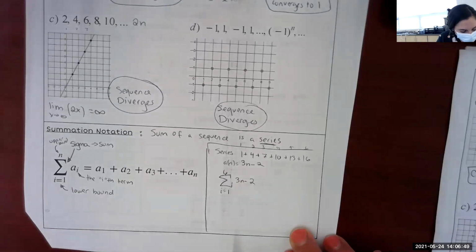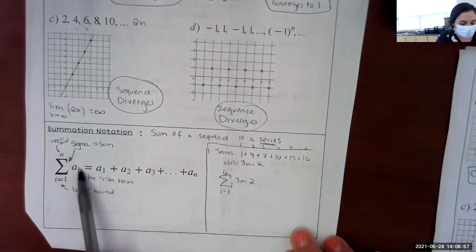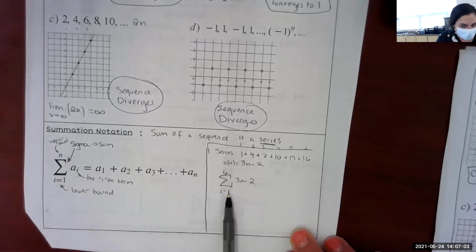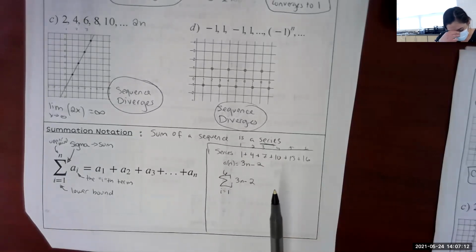I can just do that, okay? So that's why we use the notation. Instead of writing out a big long expression of sums, I can just say the sum from 1 to 6 of 3n minus 2. And that means the same thing as adding these separately. Okay.